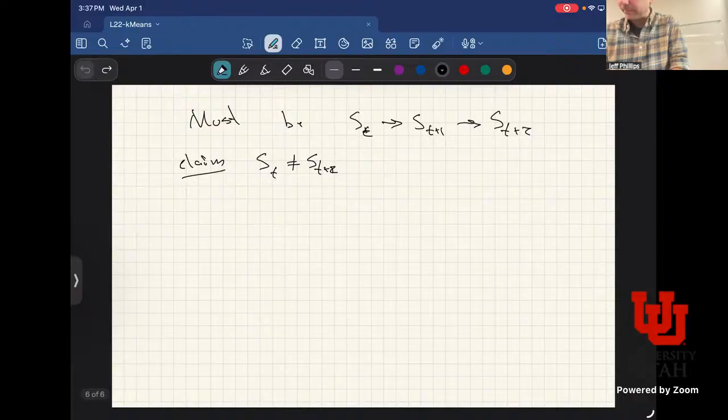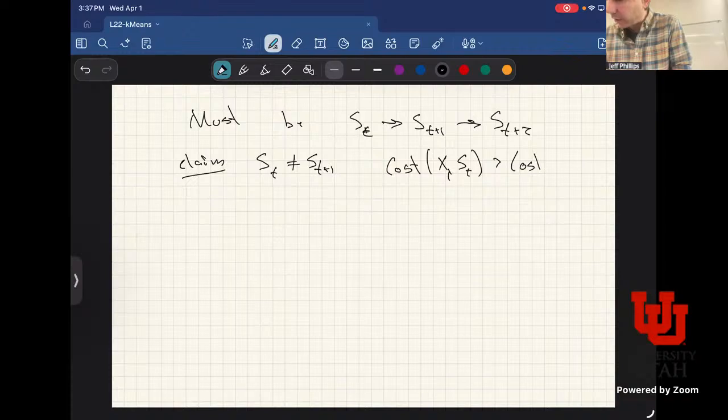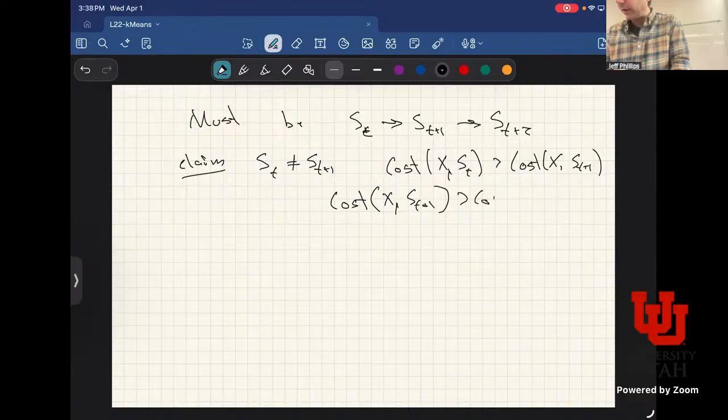Because I have that the cost of X of S_t is greater, let's say assume there aren't any ties, otherwise I would stop, is greater than the cost of X of S_{t+1}. And also the cost of X of S_{t+1} is greater than the cost of X of S_{t+2}.